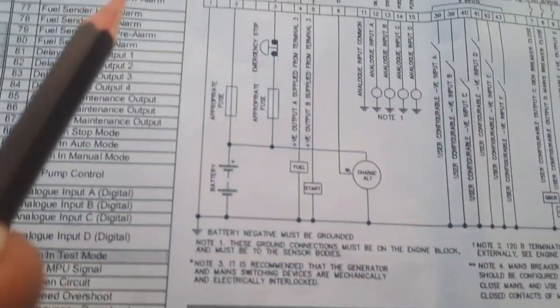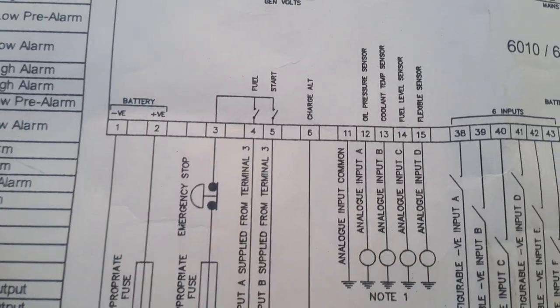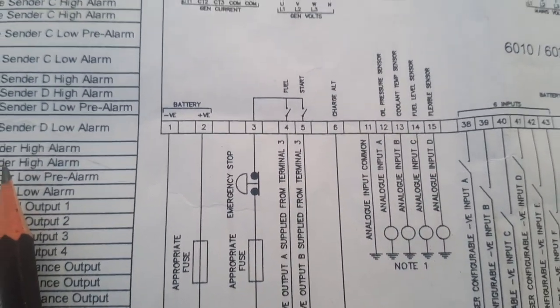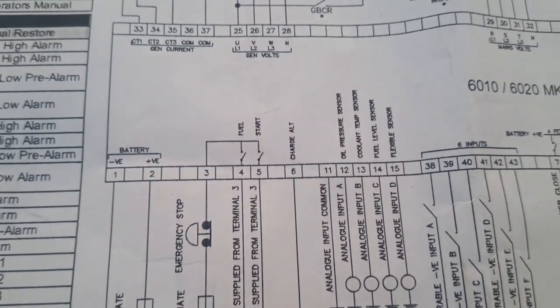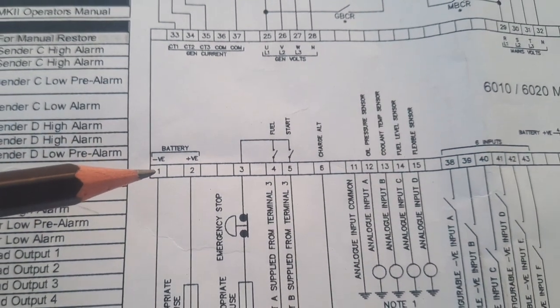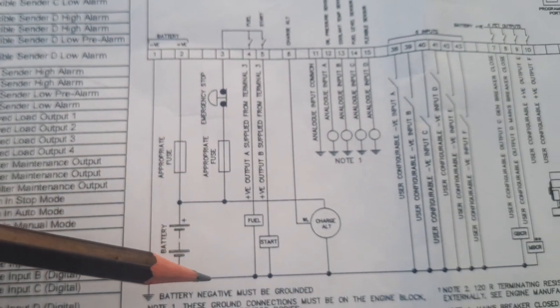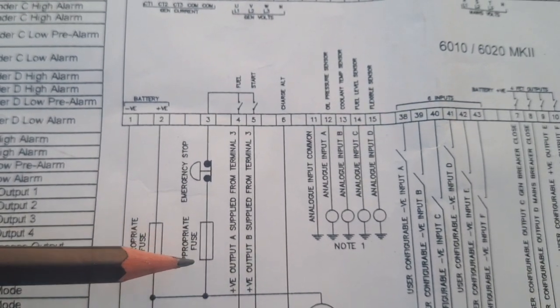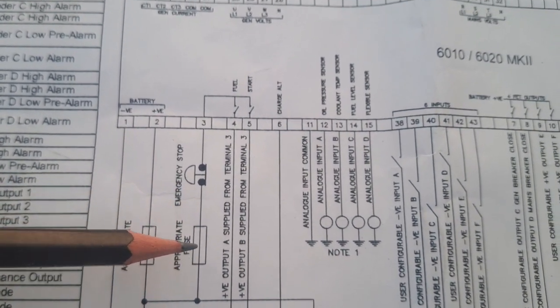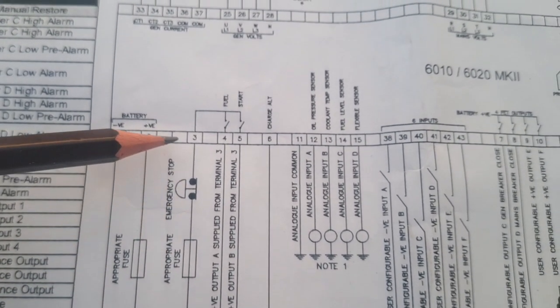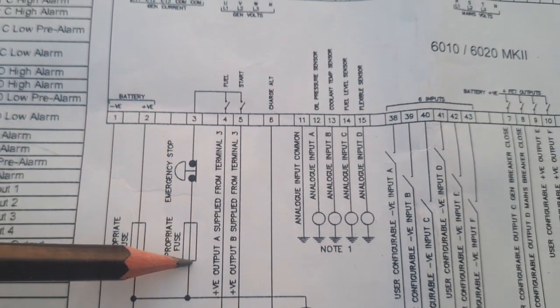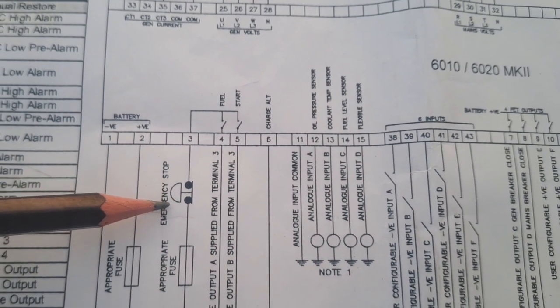Here I will give you a short look. See, this number one and number 2, its power input. Number 1 is the negative, number 2 positive. And this positive, I also show you the connection of my controller, from fuse going to the emergency stop.